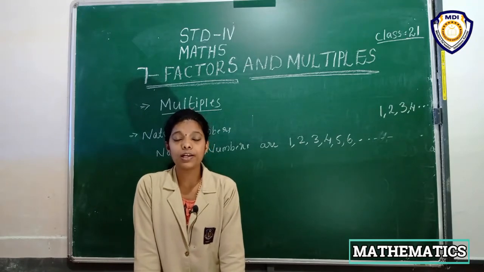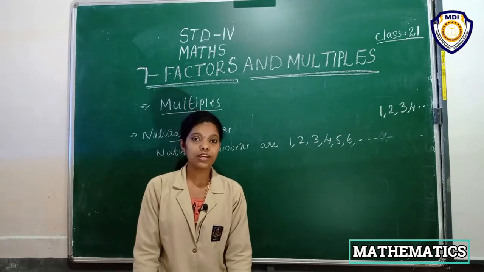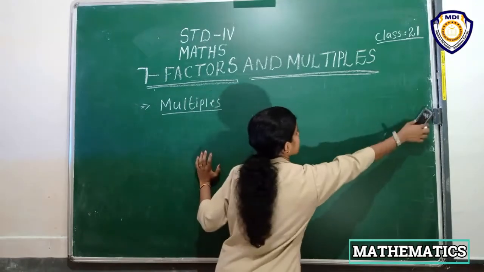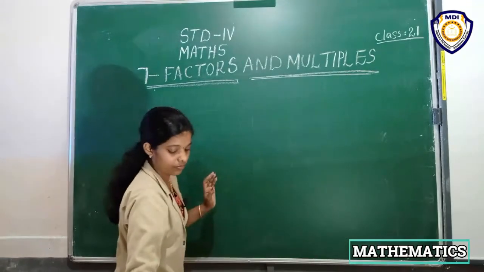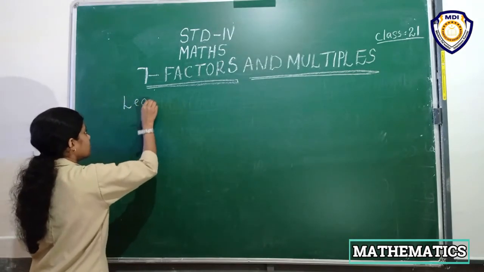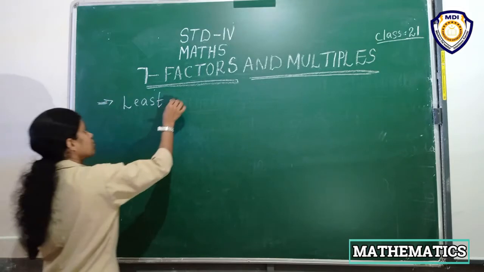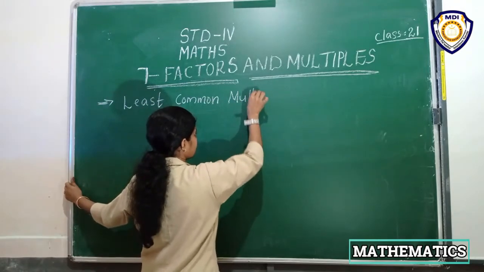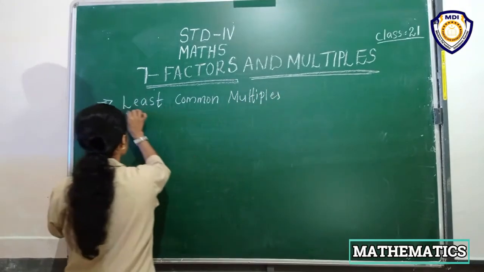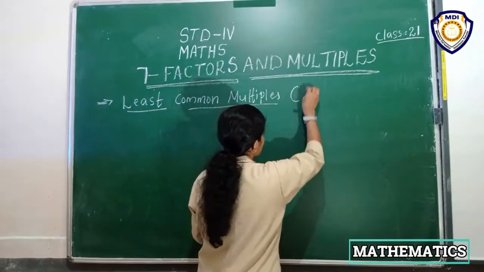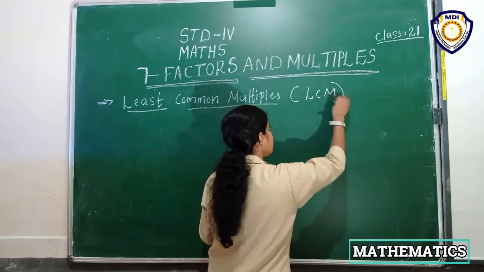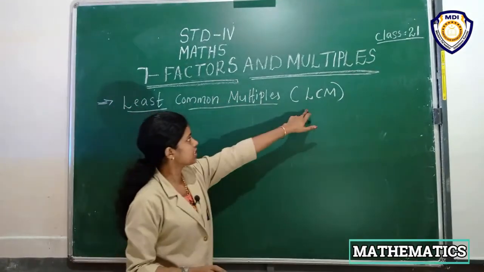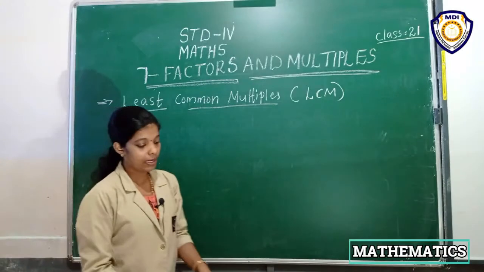Least is L, common is C, and multiples is M. Least common multiples. Okay.